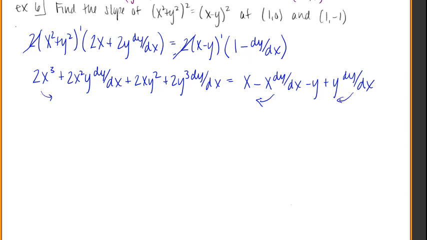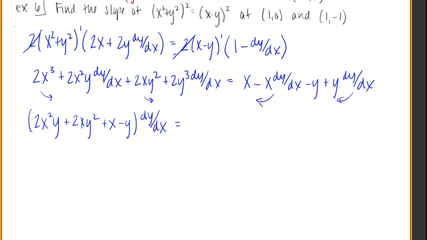Okay, so let's see if we can factor to kill 2 birds with 1 stone. So 2x squared y plus 2xy squared, and move that over, it becomes positive, so plus x minus y. All of those had the factor of dy/dx on them.